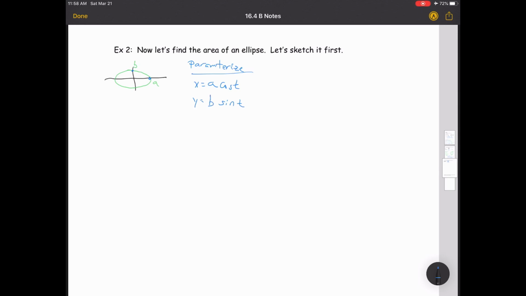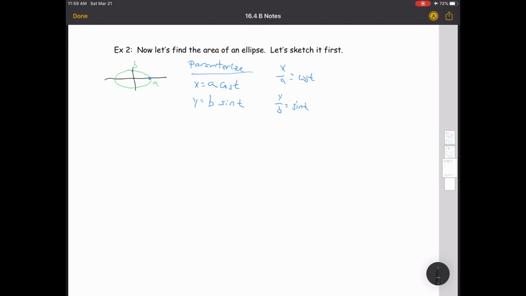I don't know if you remember this or not, but if you were to divide x equals a cosine t on both sides by a, you would get x over a equals cosine t. And then if you divide the y part by b, you would get y over b equals sine t.